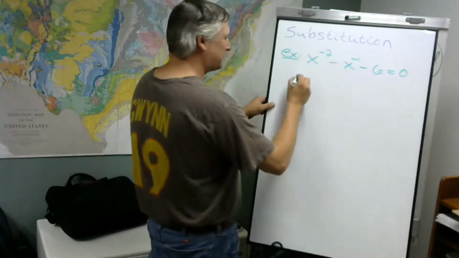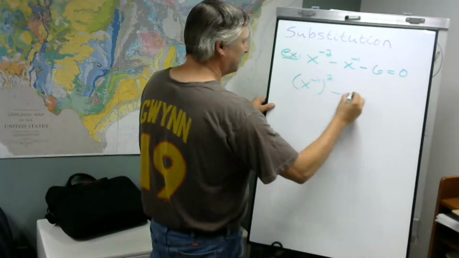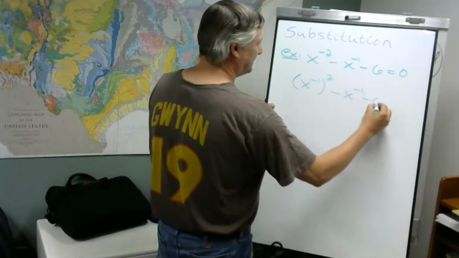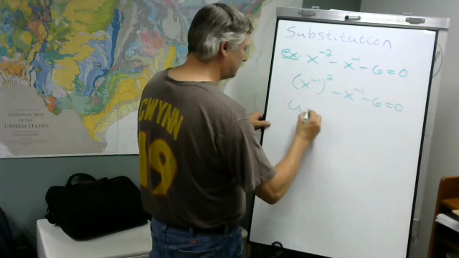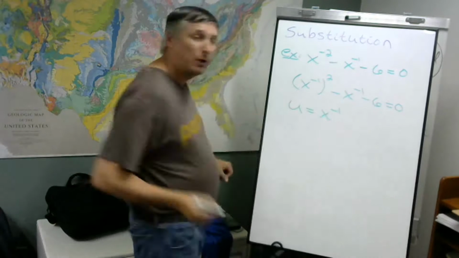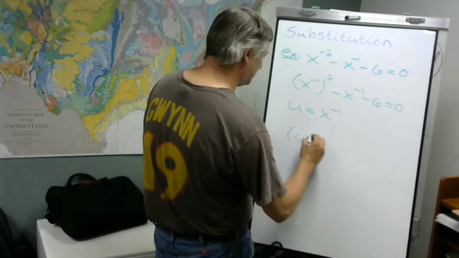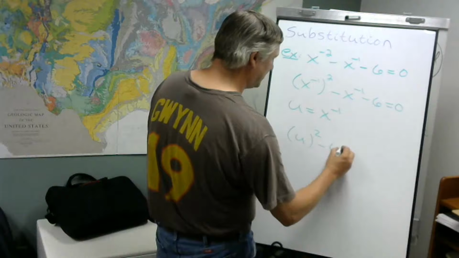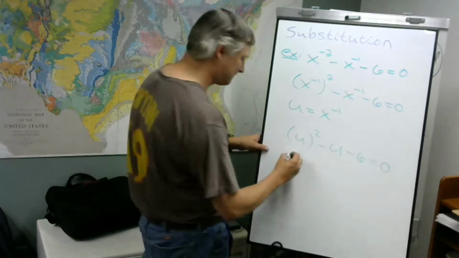So again, we can rewrite this as x to the -1 squared minus x to the -1 minus 6 equals 0. And let u equal x to the -1. So we get u squared minus u minus 6 is equal to 0.